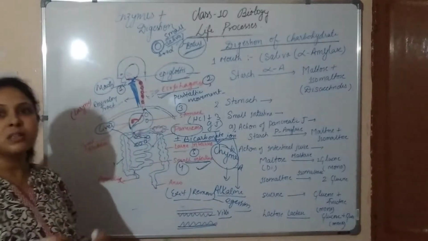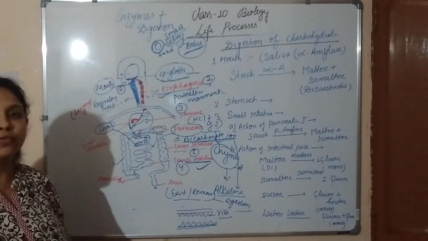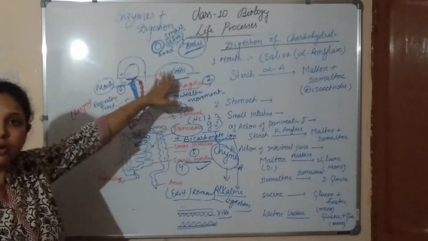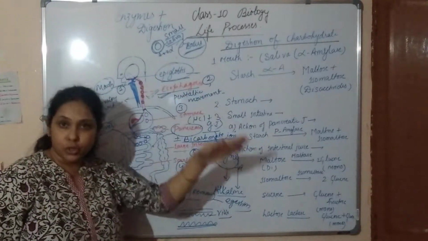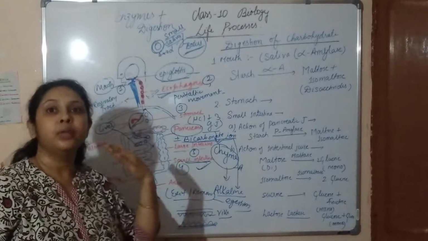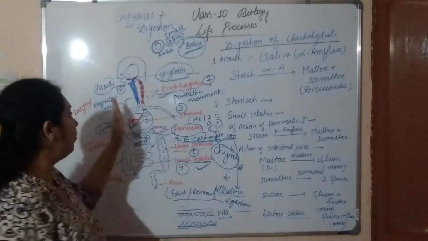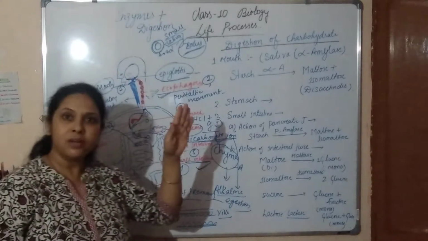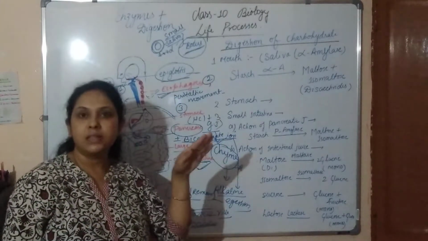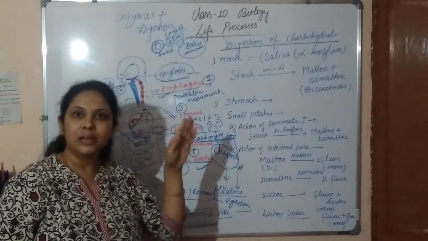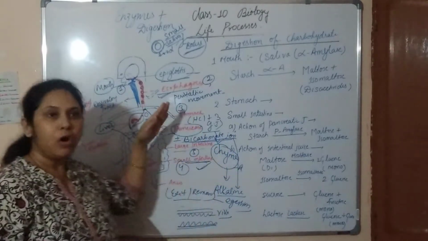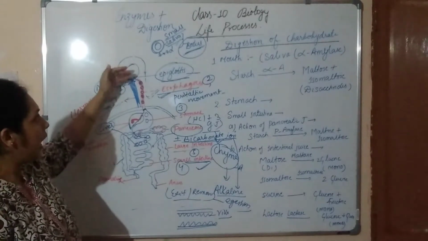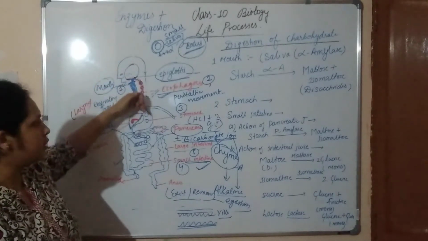So this is the systematic way through which food enters from the mouth. Then the epiglottis helps ensure that the food enters the esophagus, which is at the back of our respiratory tract. It is a flap-like structure. When food is present in the mouth, it blocks the trachea area, the respiratory tract, and lets the food move toward the esophagus.